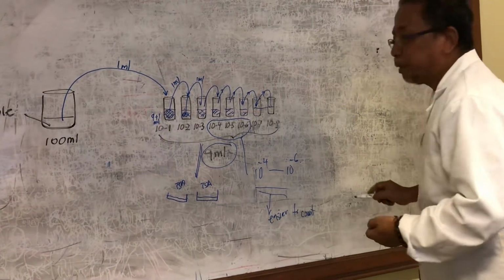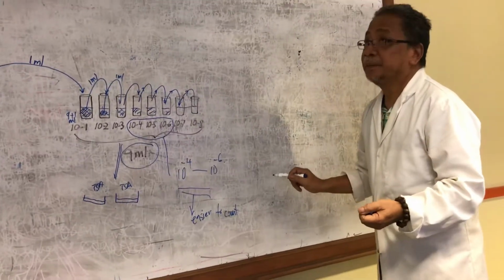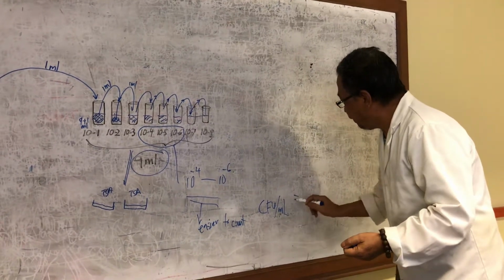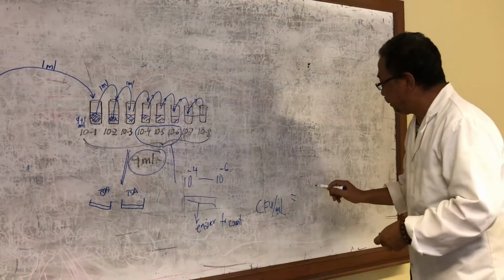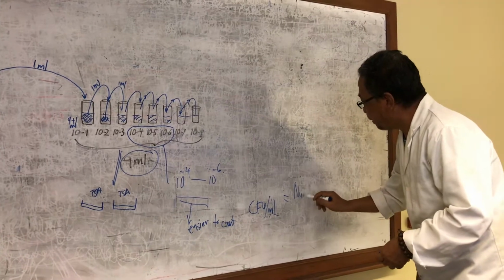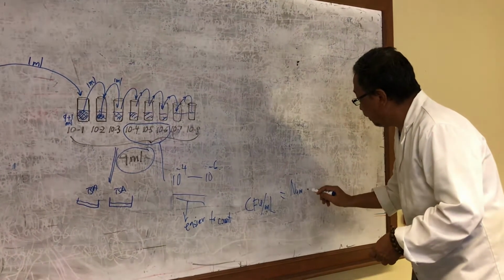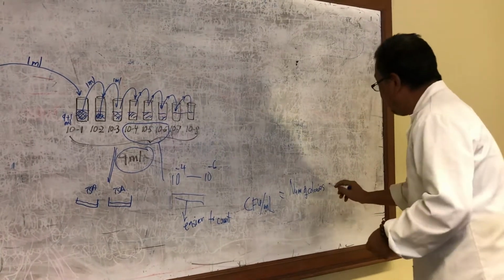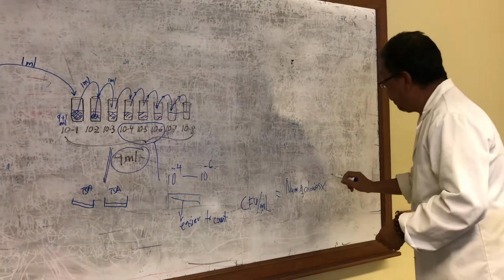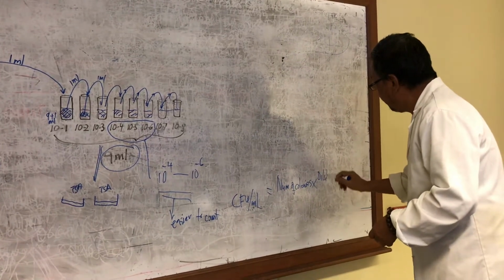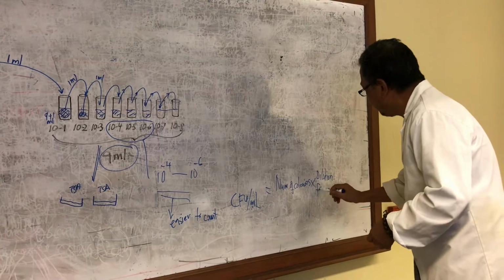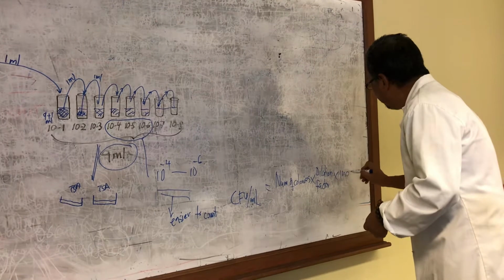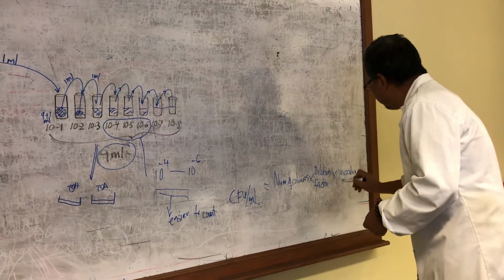For example, when you calculate your CFU per mil, the formula is number of colonies times dilution factor times inoculum factor.